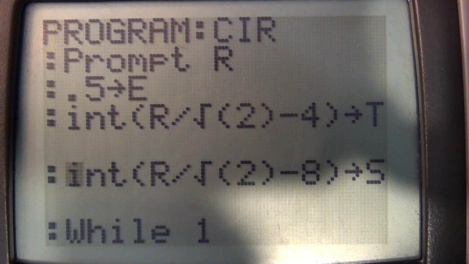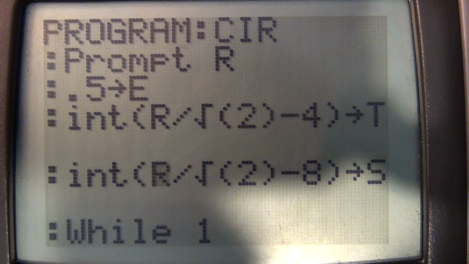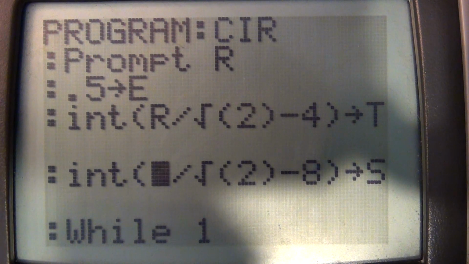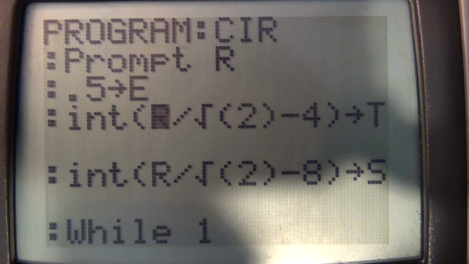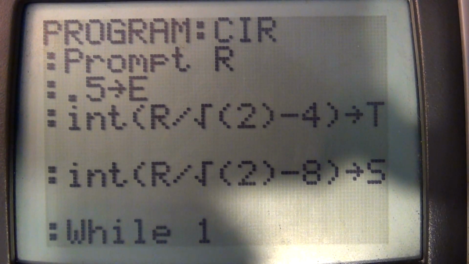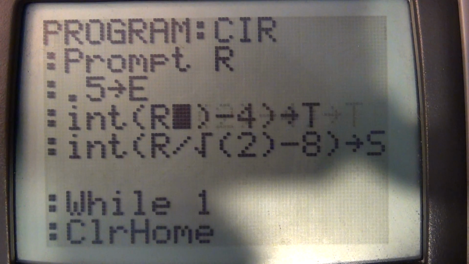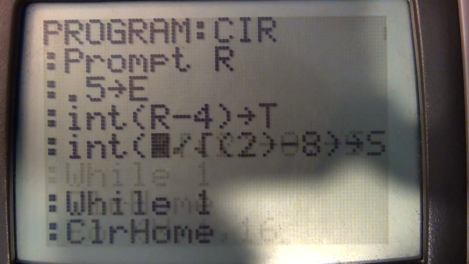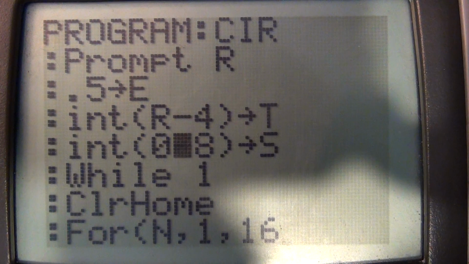So instead of doing this, where you do the root 2 for both of them, what you could do is you could just set, instead of r divided by square root of 2, one of these to r and one of these to 0. And we'll just see how that works.